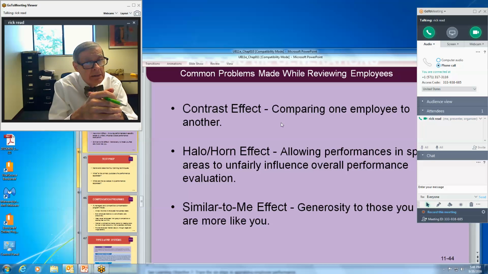We have a contrast effect. That's when you're comparing one employee to another when that may not be the right comparison or shouldn't even be compared. Remember, you're going against performance. Now, there are some performance evaluation tools that require a comparison.